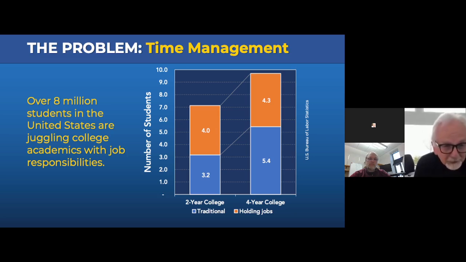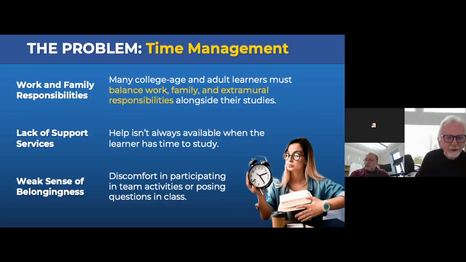When I went to college, I did not feel like I belonged there. I certainly didn't feel like we could afford it. And so these are students who are challenged, and our job is to figure out how we can use generative AI to help them with their time management, to help them study more efficiently. So these students with these challenges might be work and family.